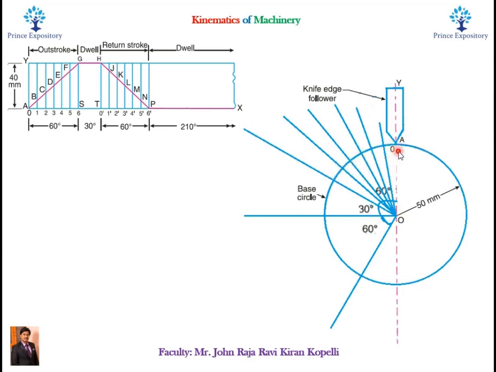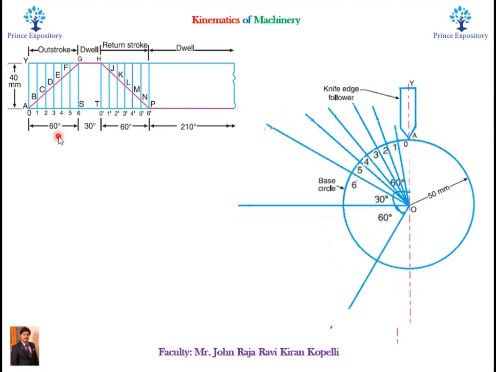Then starting from 0, we number them 1, 2, 3, 4, 5, 6 as observed in the outstroke of the displacement diagram. Now observe very carefully from the displacement diagram, particularly the outstroke, the starting of the cycle. A and O have the same contact, the same point.